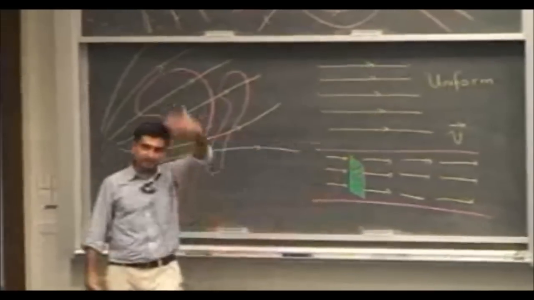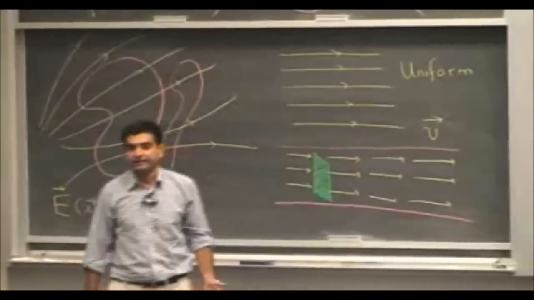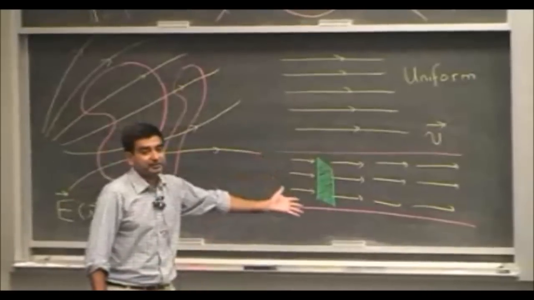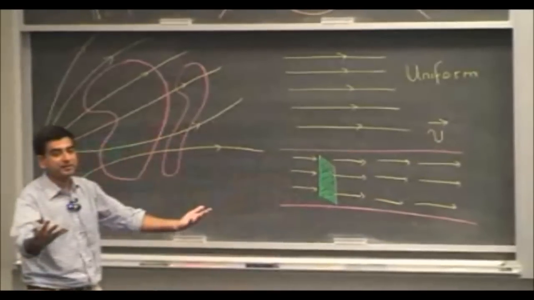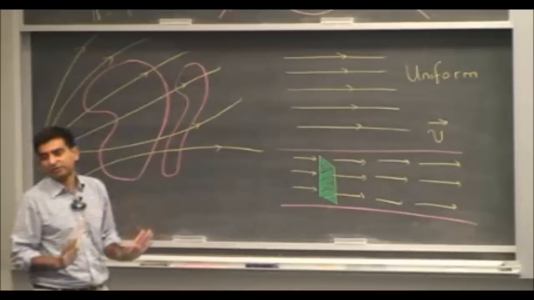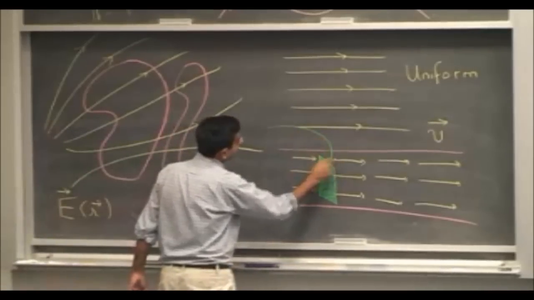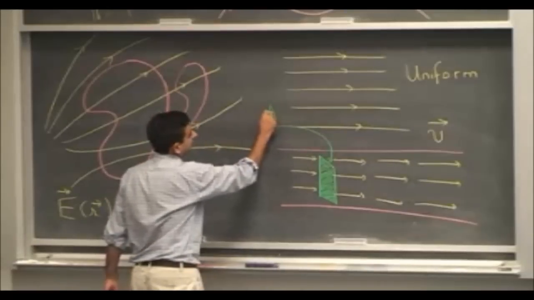Now this is a vertical plane and the velocity vector is normal to this plane. This plane may not be physically present, so it's just a figment of our imagination. We draw a hypothetical plane that is perpendicular to the velocity vector. The area of this plane, suppose I denote this by capital A.